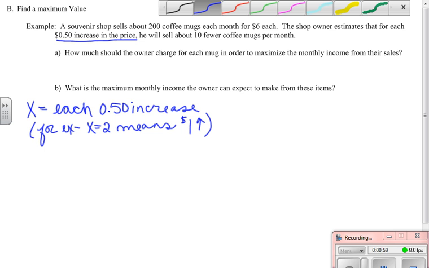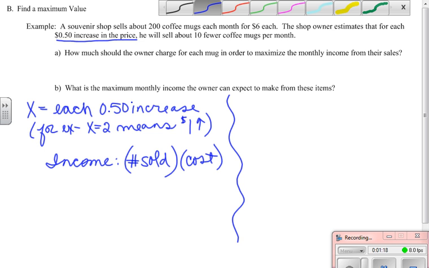We need a system of equations here, and we're really talking about income, which is always equal to our number sold, how many you sell, times the cost. So that's our general equation. Now, what does it mean in this system?